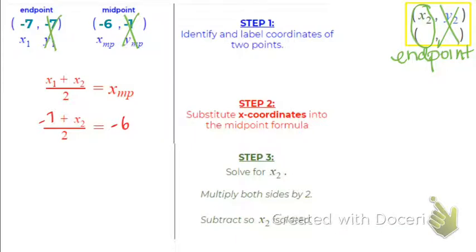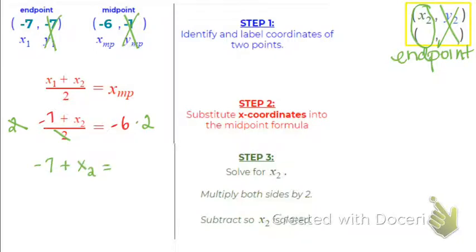So to solve this, the very first step is to try to make it so it's not a fraction. Let's undo that dividing by 2 by multiplying by 2, because 2 divided by 2 cancels out. So you're just left with -7 plus this x2.